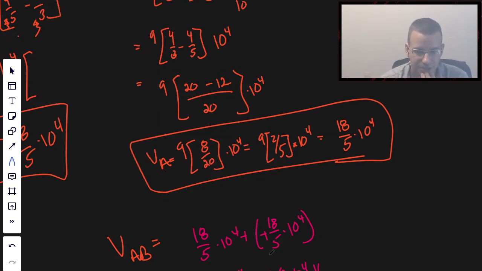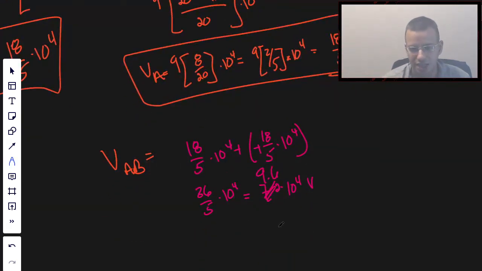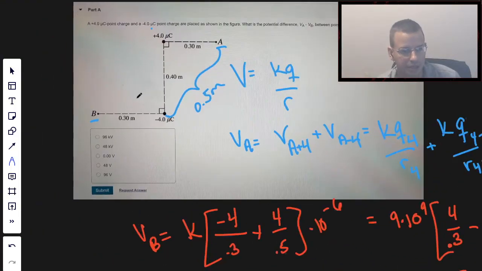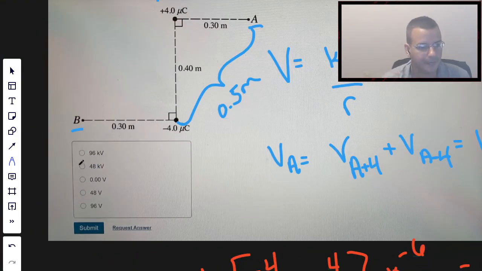So this should actually be 9.6 times 10 to the 4th, which is the same as 96 times 10 to the 3rd volts, which is 96 kilovolts. So somewhere my math failed me, which is not surprising. And the answer is going to be 96 kilovolts.